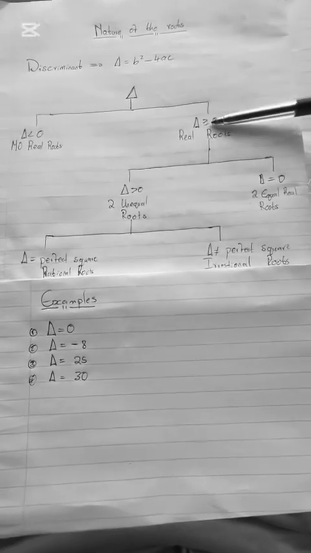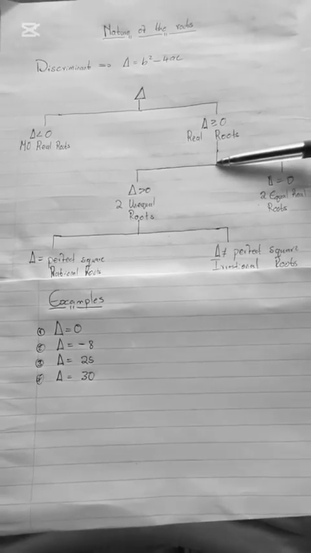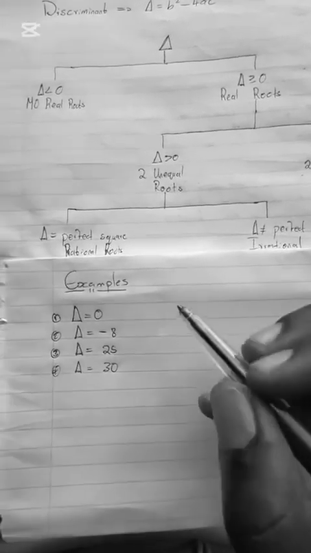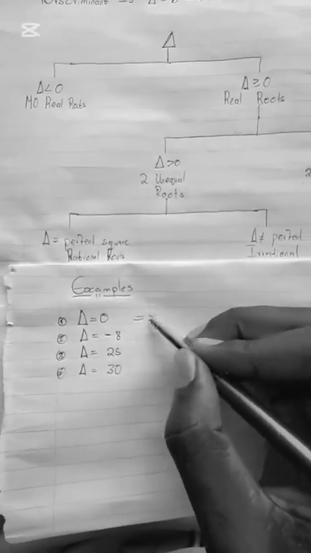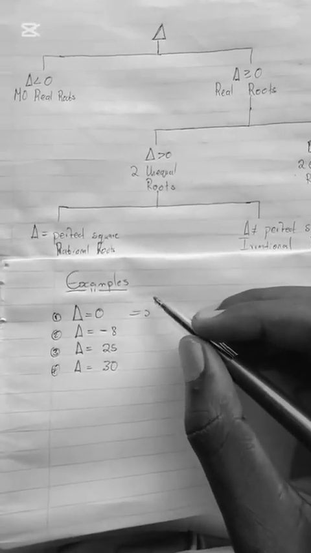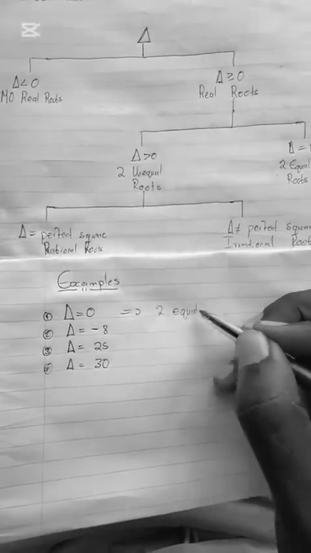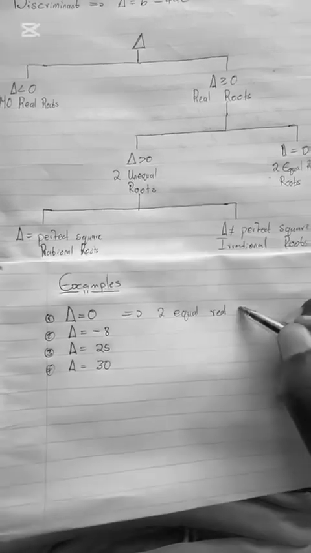So far we have real roots. And from here we are going to take this root because our discriminant is equal to 0. So we can conclude that the nature of the roots is two equal real roots.